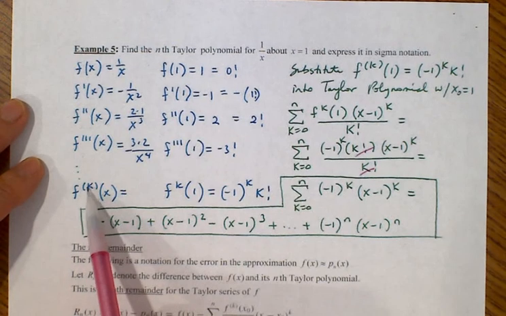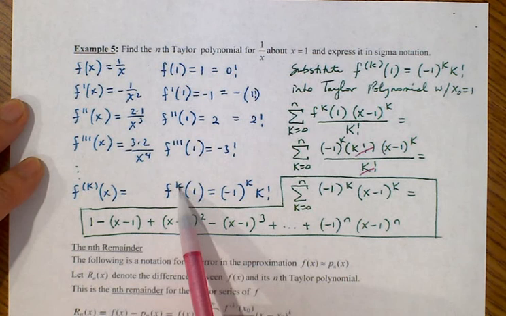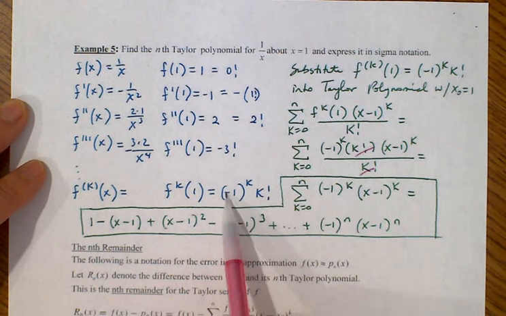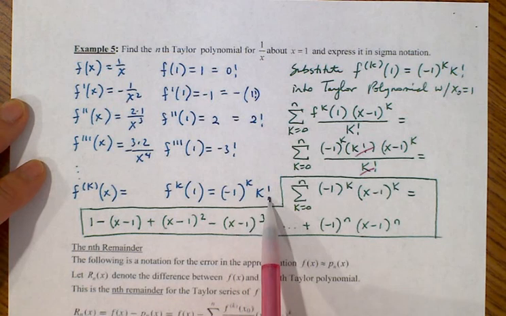So for the kth derivative of f at 1, the signs are alternating, and since it is starting with a positive, I'll write it as negative 1 raised to the k power times k factorial.